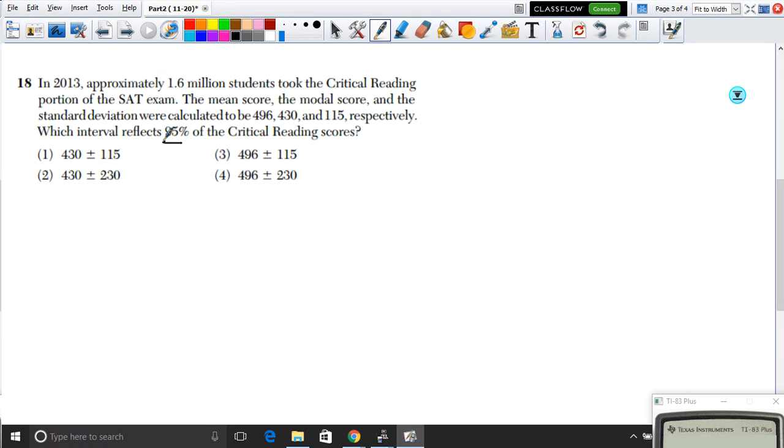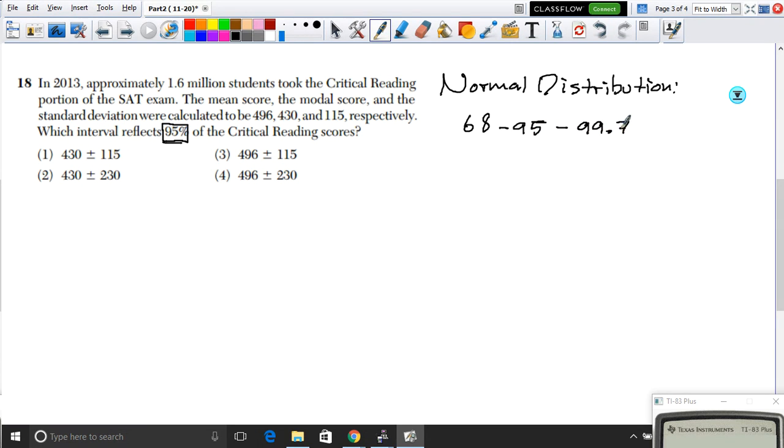Now, this 95% should be familiar, because when it comes to normal distribution, we have a rule. This rule is called the 68-95-99.7 rule, which says that if you have a normal distribution, you will have 68% of the distribution within your first standard deviation.